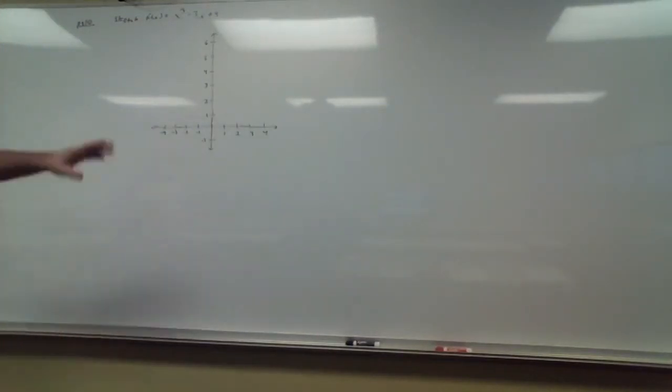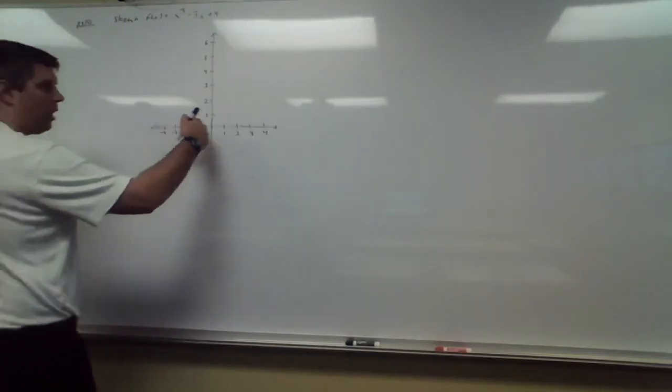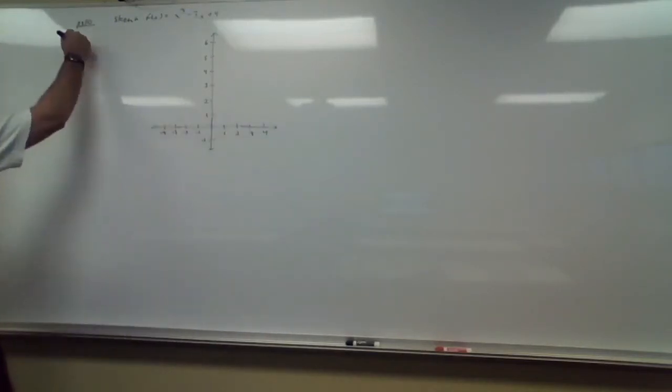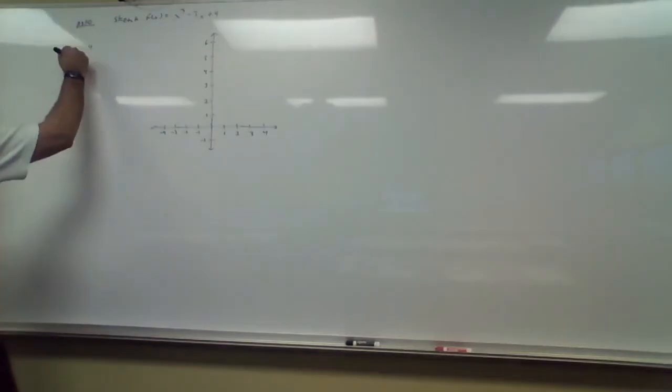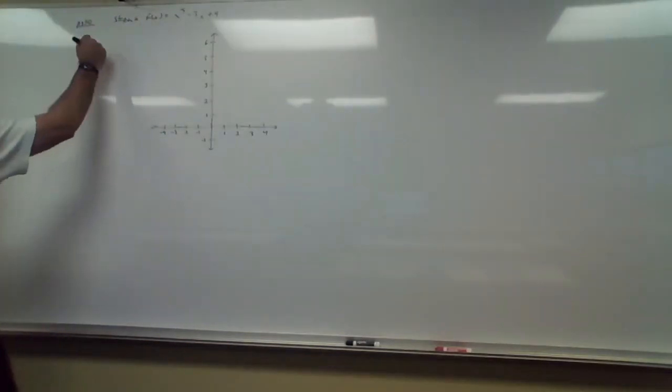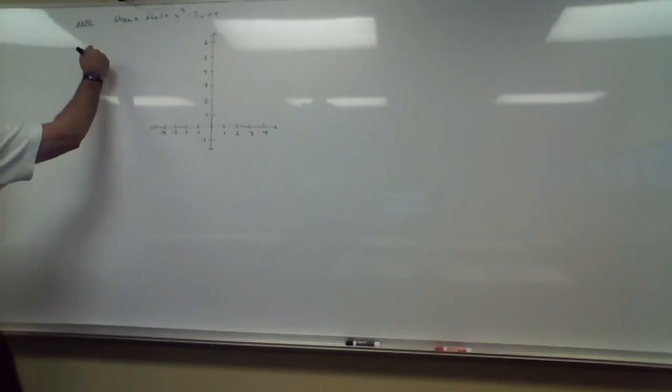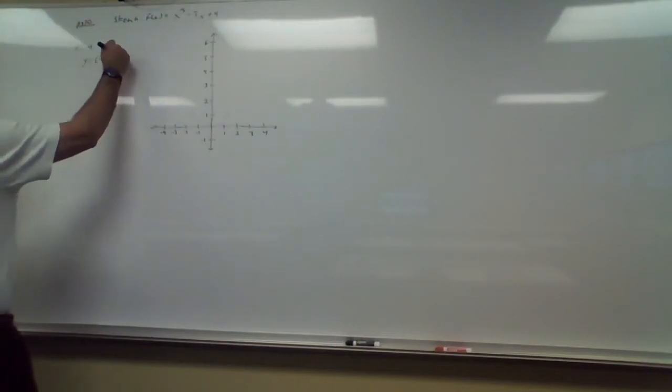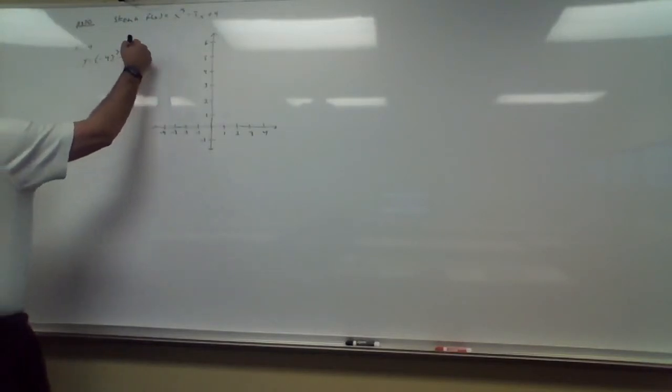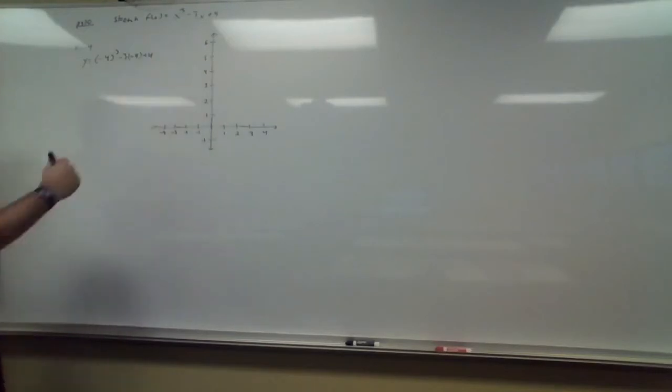In the absence of any other method available to graph these, we're just going to start at the left and work our way across to the right. So at x equals negative 4, this takes the role of y. So y would equal negative 4 cubed minus 3 times negative 4 plus 4.